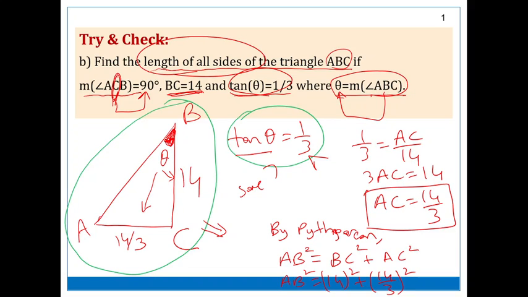Okay, and if you do the calculations, you can try to do it by yourself. It's a good practice of fractions, and it will be 14 square root 10 over 3. Okay, you can check it yourself. So we got all the lengths.